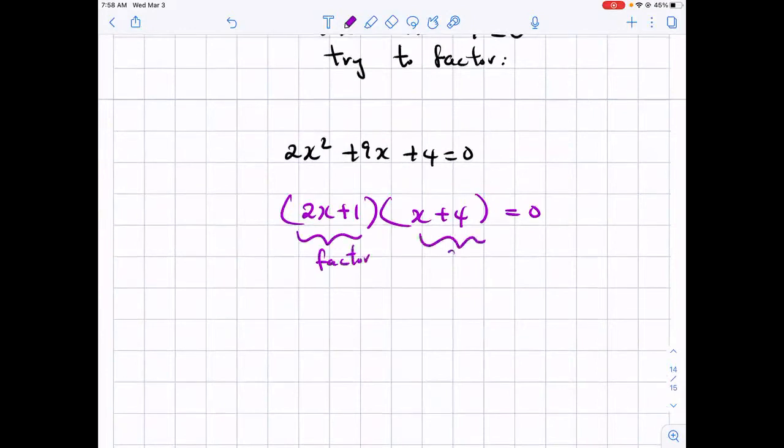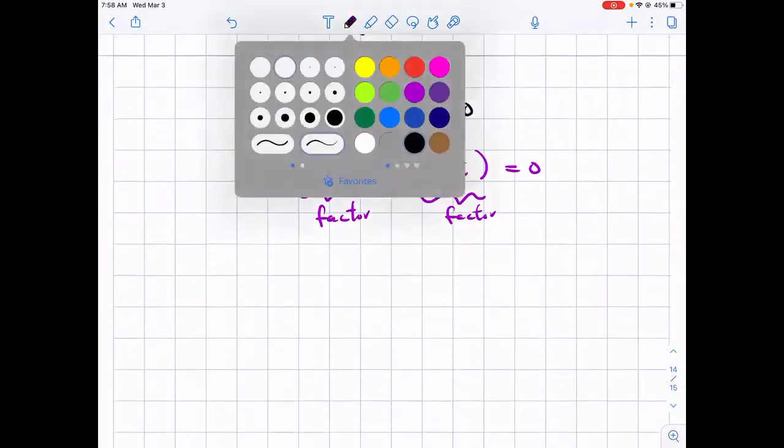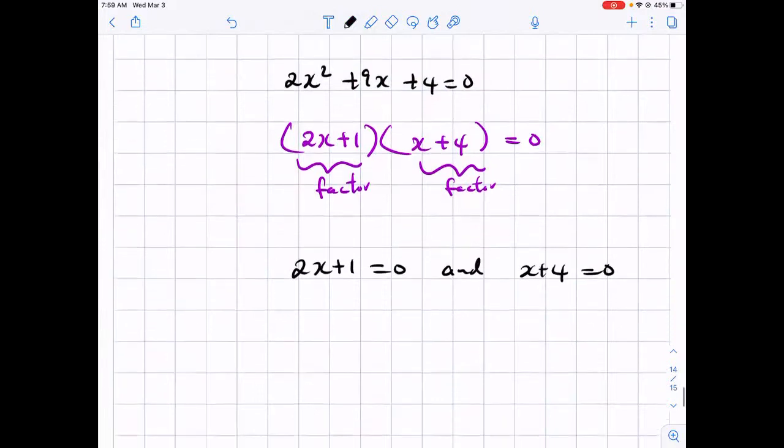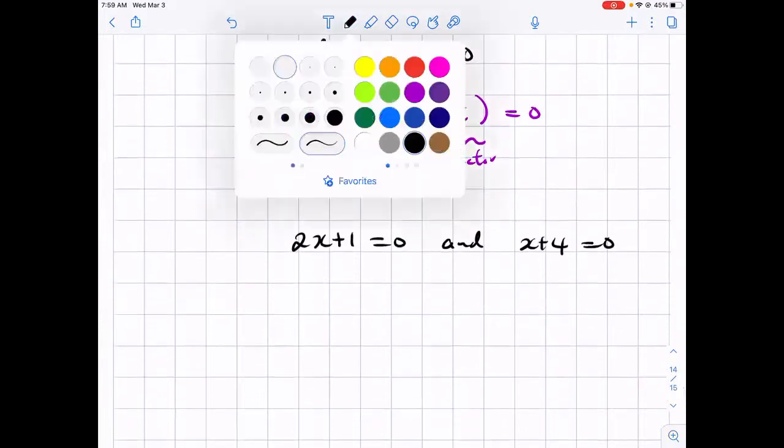Now each one of these is a factor, so we take each factor, 2x plus 1, and we set it equal to 0, and x plus 4 equal to 0. Each factor has to be set equal to 0. And then we solve for x.